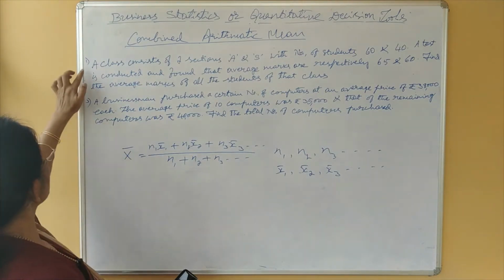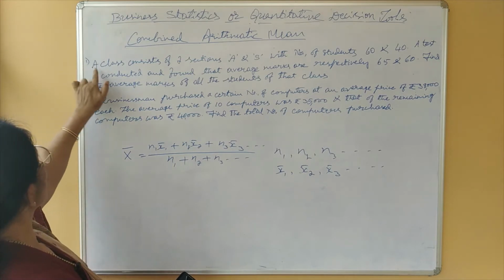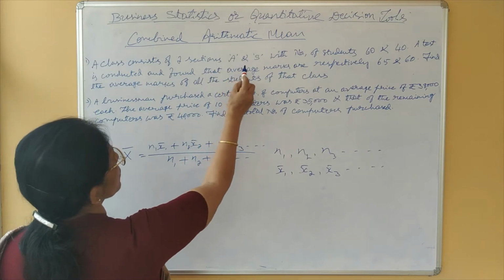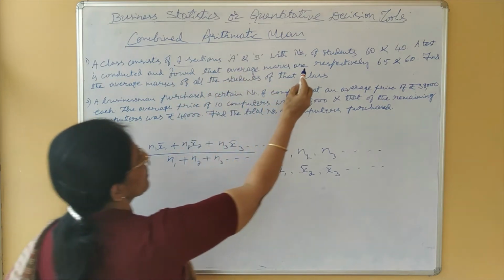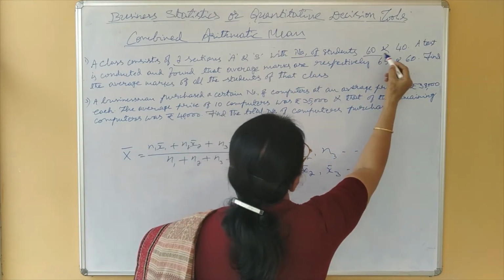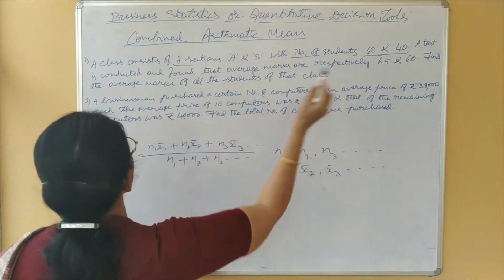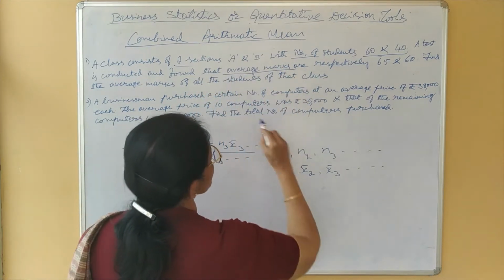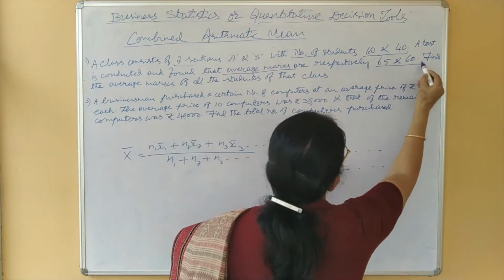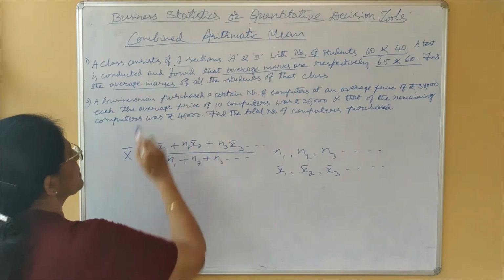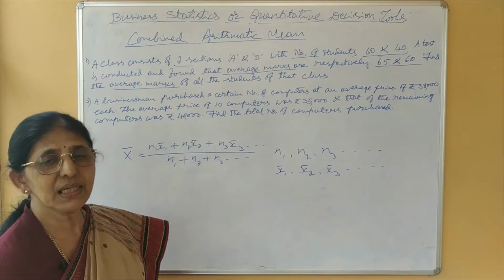Now take the problem. A class consists of two sections A and B with numbers of students 60 and 40. A test is conducted and it is found that the average marks are respectively 65 and 60. Find the average marks of all the students of that class.